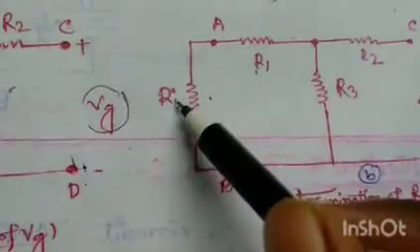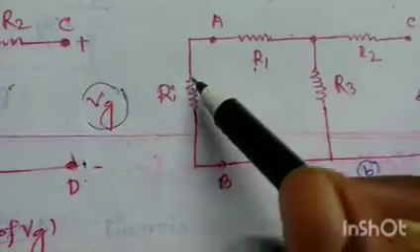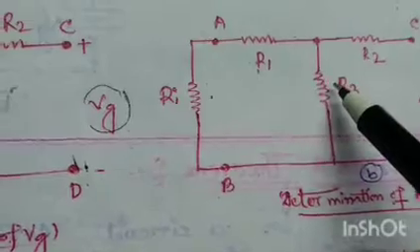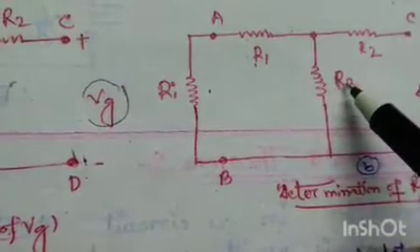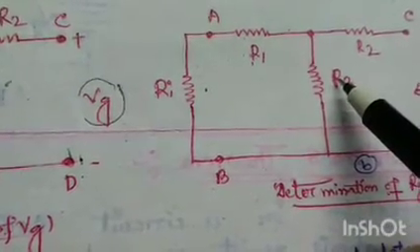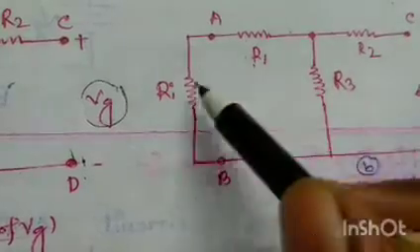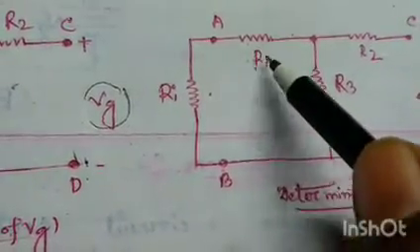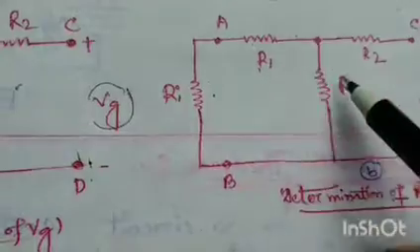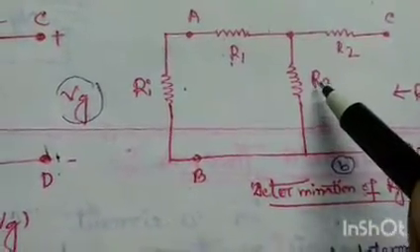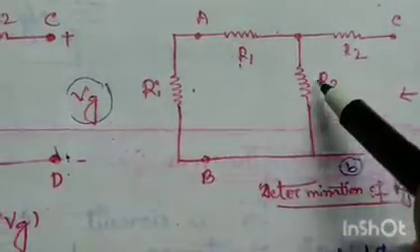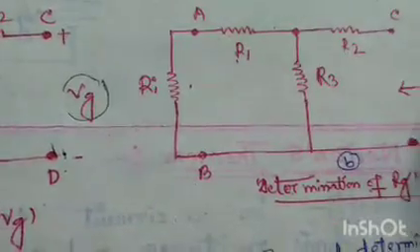So Ri plus R1 is in series, and these two resistances in series are in parallel with R3, and the total combination is in series with R2. This is the Rg resistance.